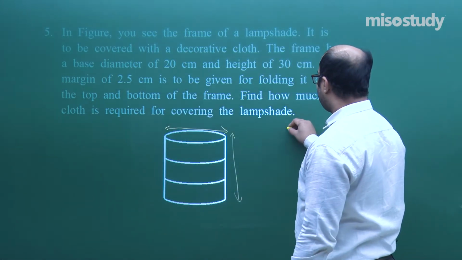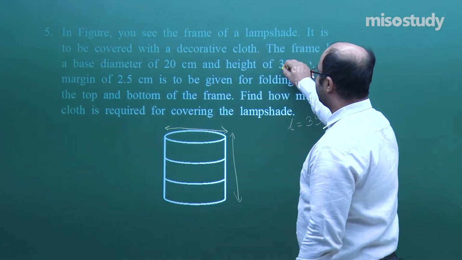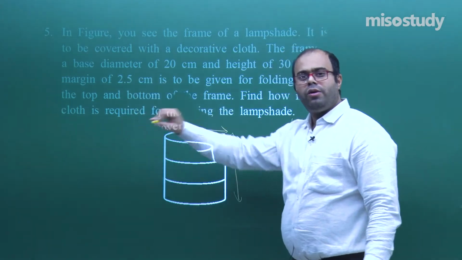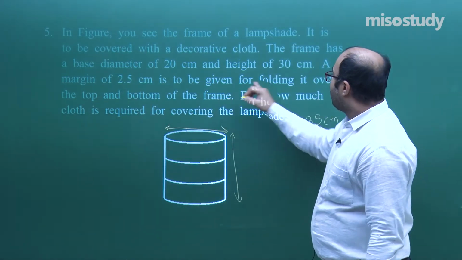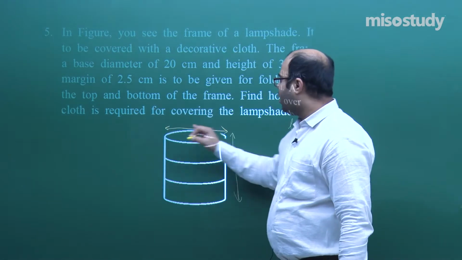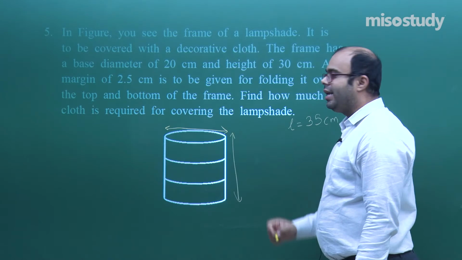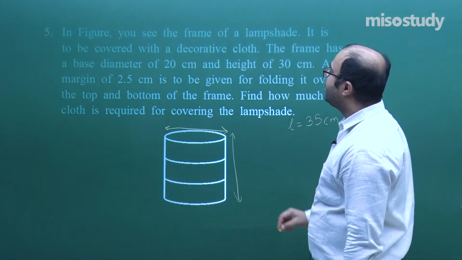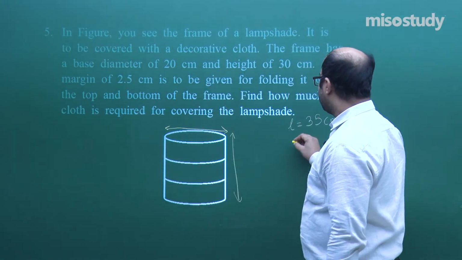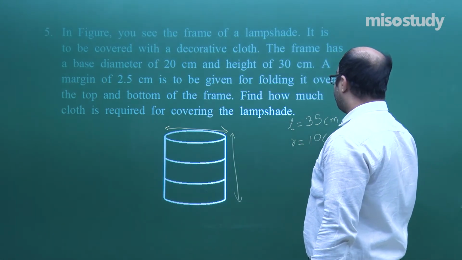So the actual length of the cloth is 35 centimeter, not 30 centimeter, 2.5 above, 2.5 below also. Find how much cloth is required for covering the lampshade. So if we want a cloth of length 35 centimeter and the base diameter is 20 centimeter, the radius is going to be 10 centimeter, half of this.